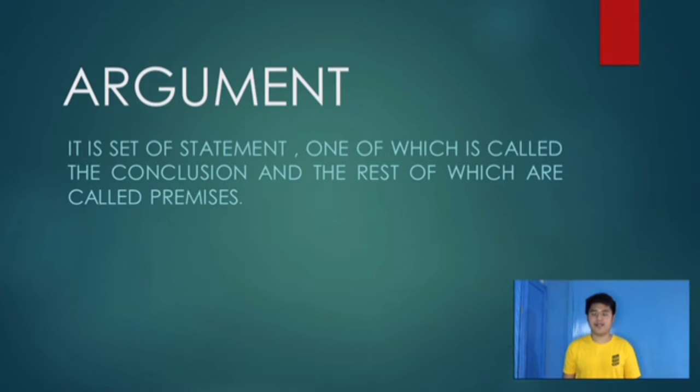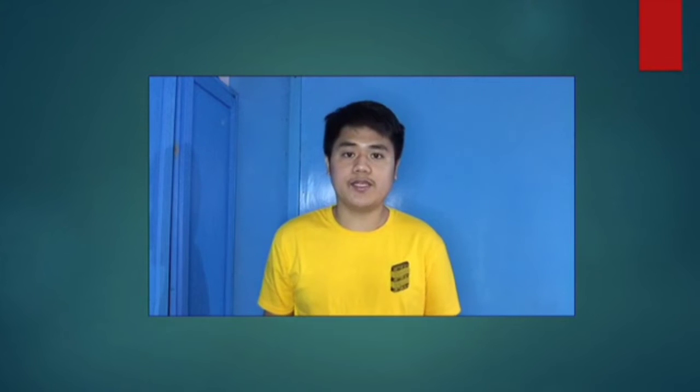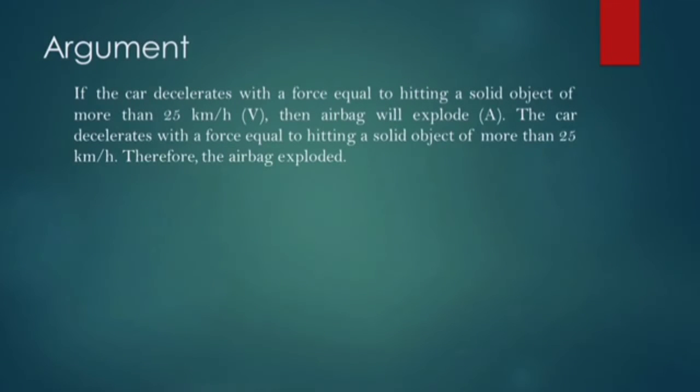An argument is a set of statements, one of which is called the conclusion and the rest of which are called premises. To test if the argument is valid, we take the argument in symbolic form and construct a truth table. But before that, here is the argument.